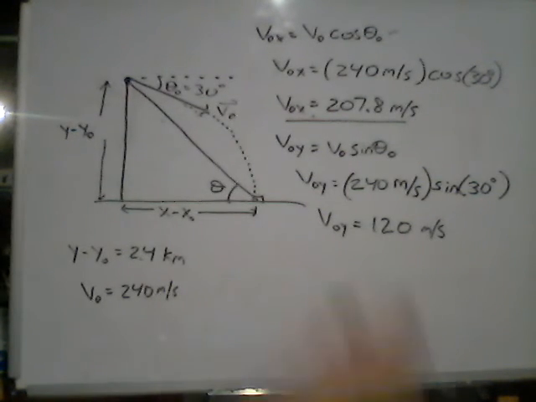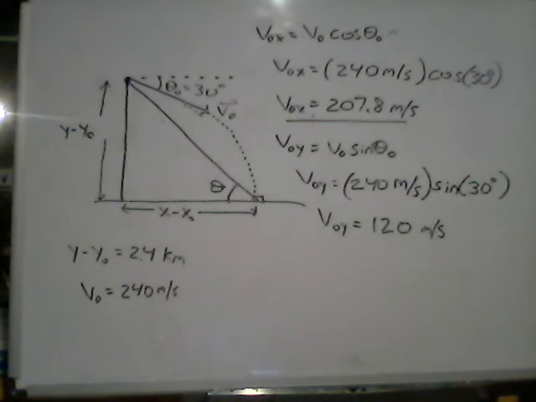X minus x naught is v naught sub x times the time. I know v naught sub x. If I knew the time, then I would be able to find x minus x naught and the problem's done.